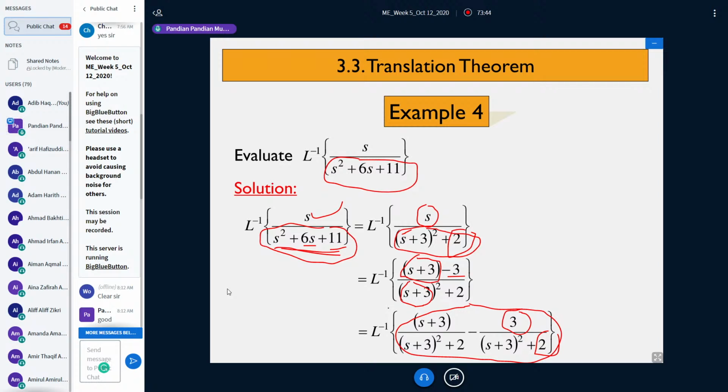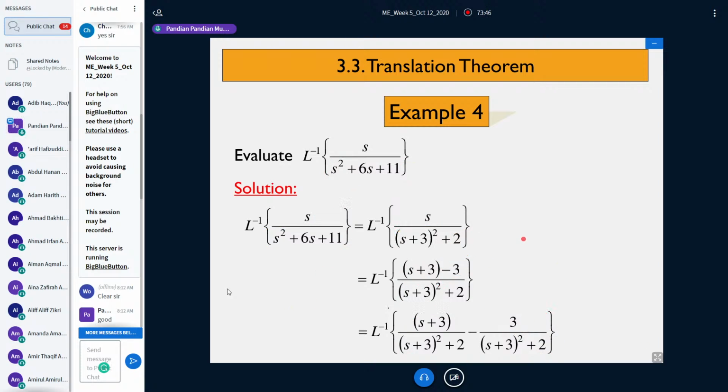How do we do this one? Yeah, any question? Wei, Tam, Tan, Sumin, any question?